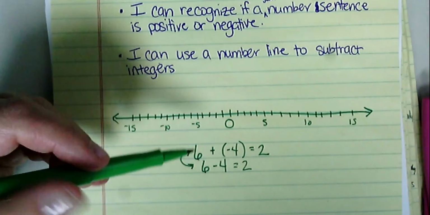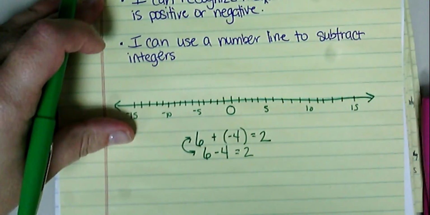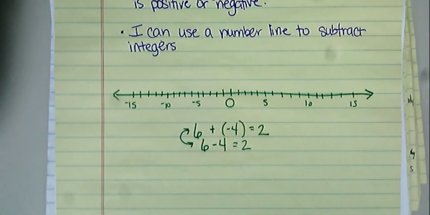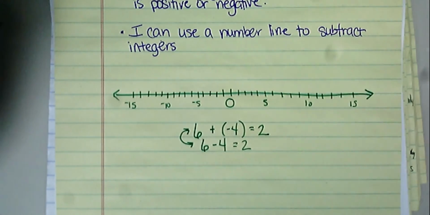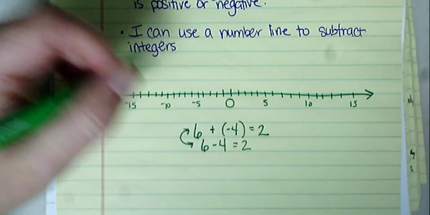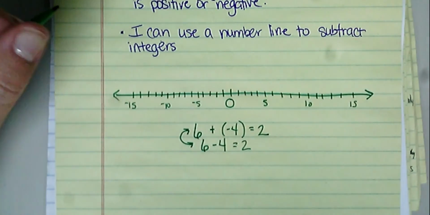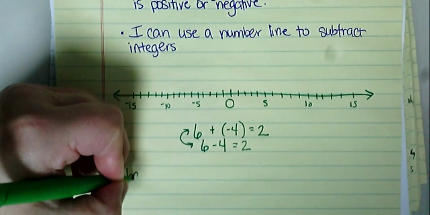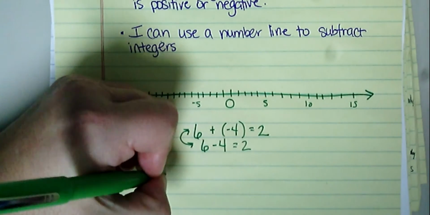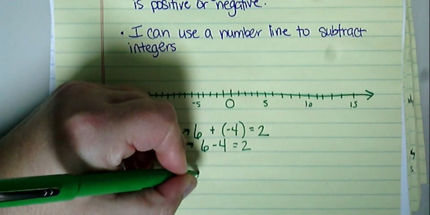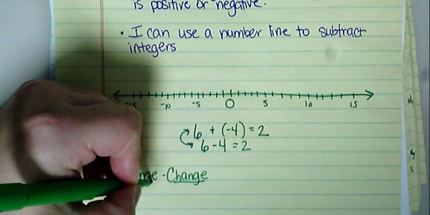So sometimes for subtraction, we already know the rules for addition. So we can take our signs here and we do something called the change rule. Okay, this is very important.